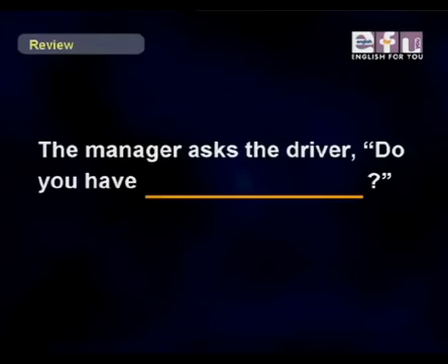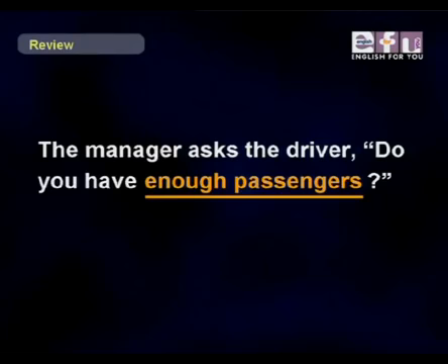Sylvia, it's your turn. The bus wants to leave for the beach. It's almost full, the bus. So the manager asks the driver, do you have enough passengers? Okay, good.